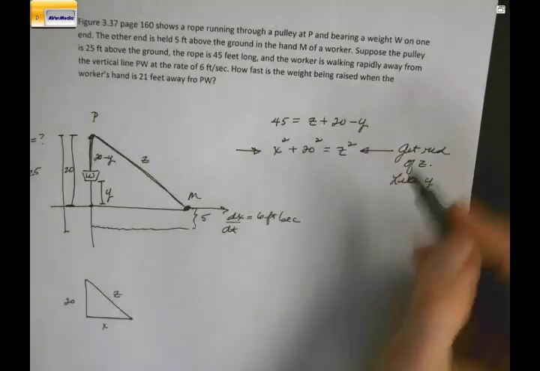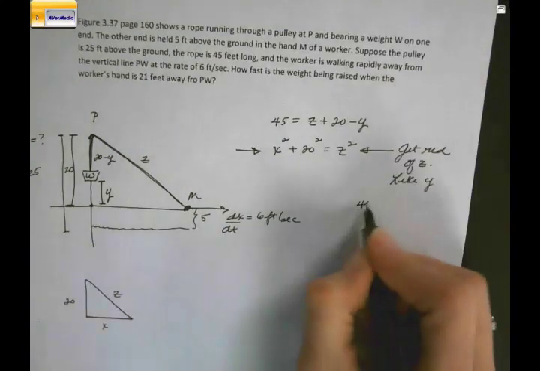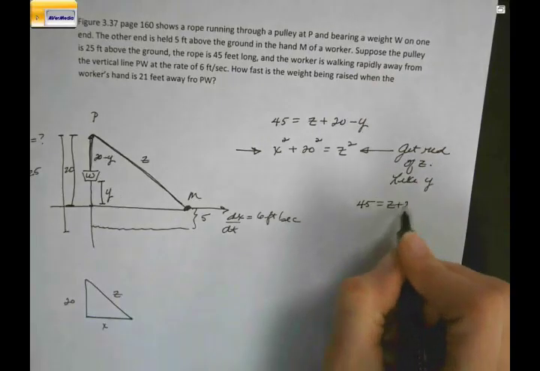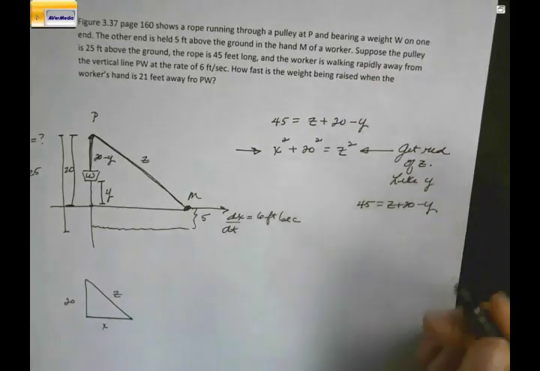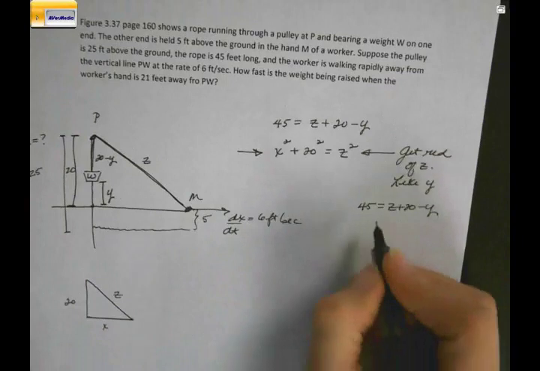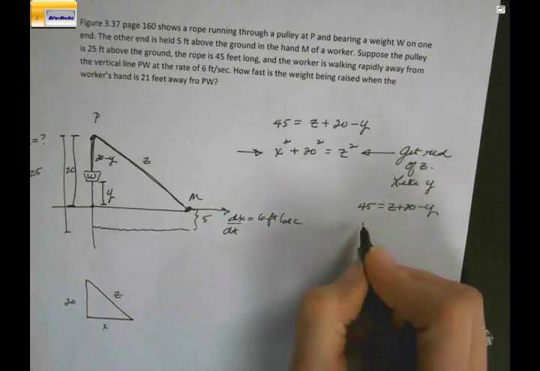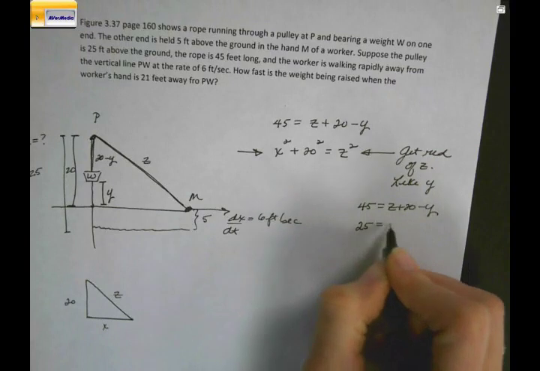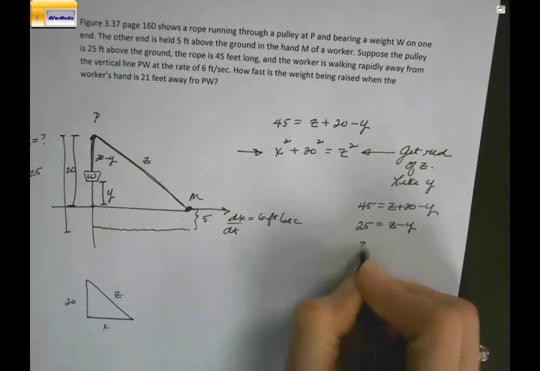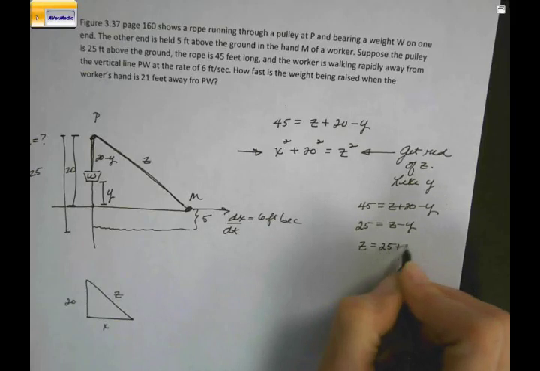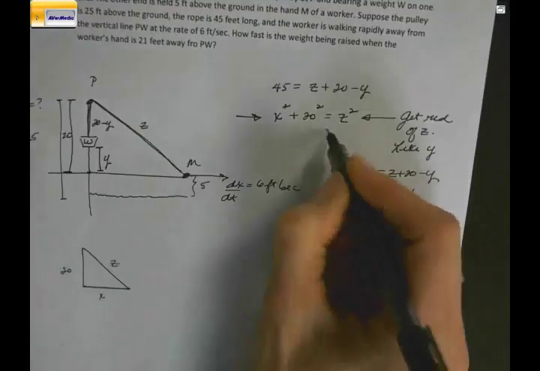So how are we going to do this? Okay, let's take this 45 equaling z plus 20 minus y, and let's solve it for z. If I subtract 20 from each side, I get 25 equaling z minus y, or z equals 25 plus y.